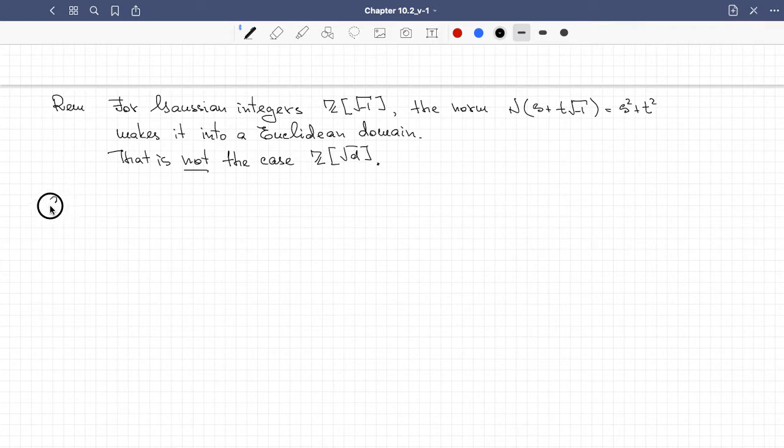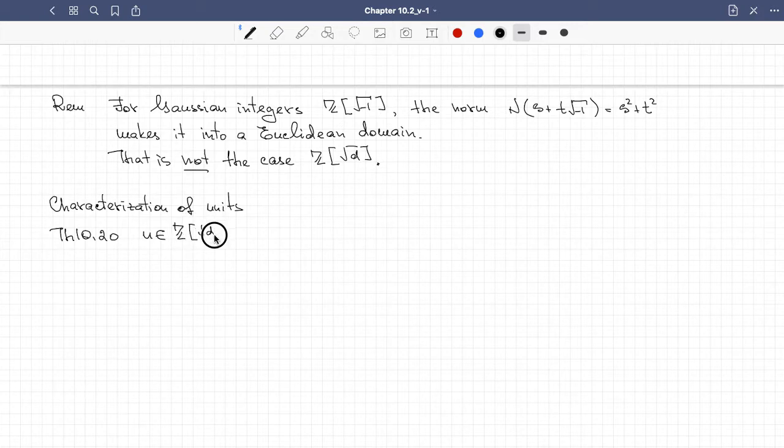That is, the subject of theorem 10.20: U, an element of our ring, whatever D is, is a unit if and only if the norm of U is plus or minus 1.